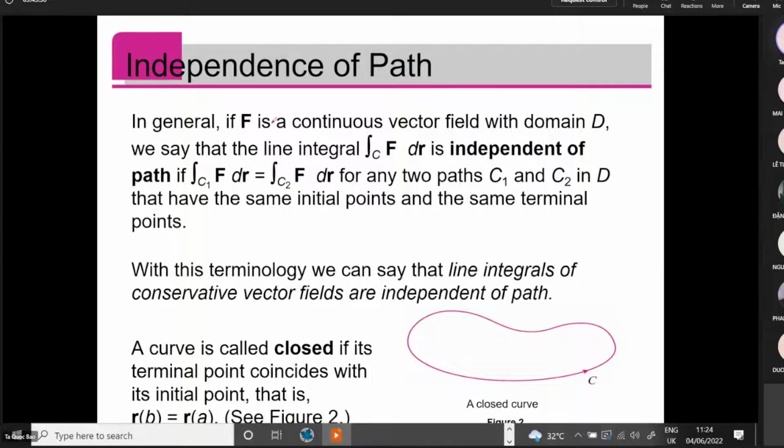Now, in general, if F is a continuous vector field on the domain D, we say that the integral of F dot dr is independent of path if the integrals on C1 and C2 are the same for any two paths C1 and C2 in D. With this terminology, we can say that integrals of conservative vector fields are independent of path, as I explained before.